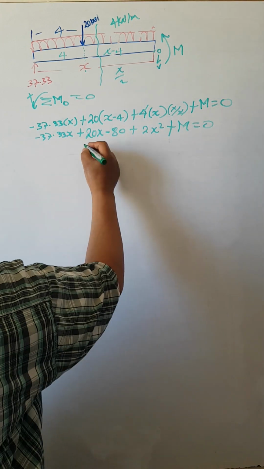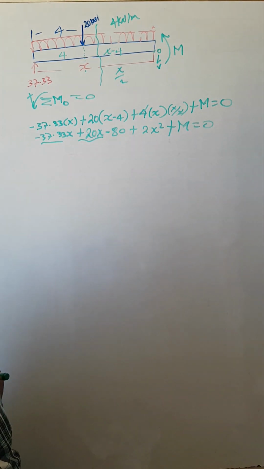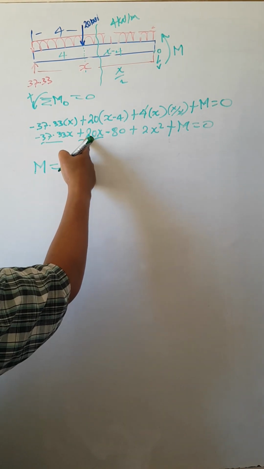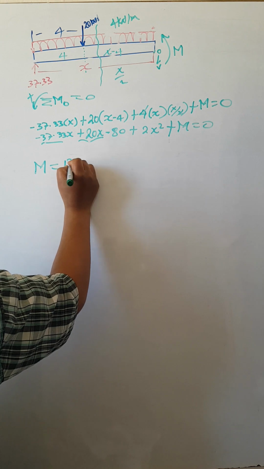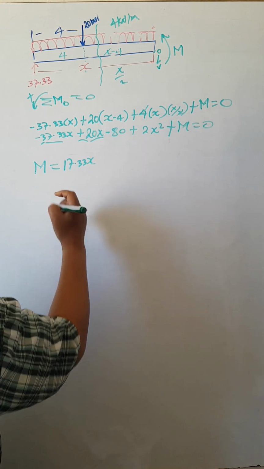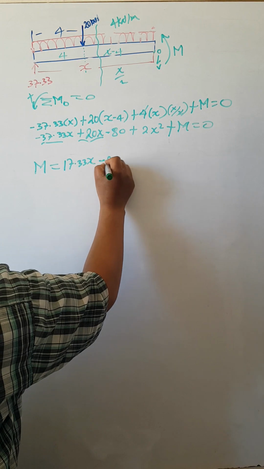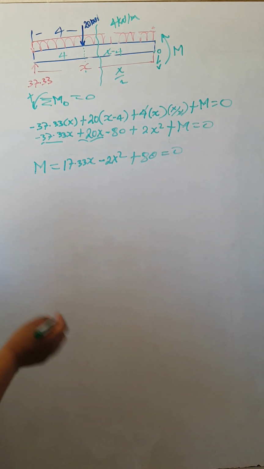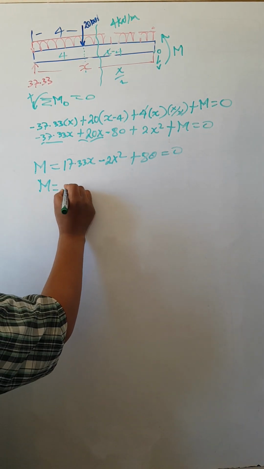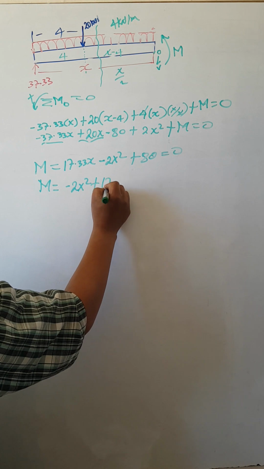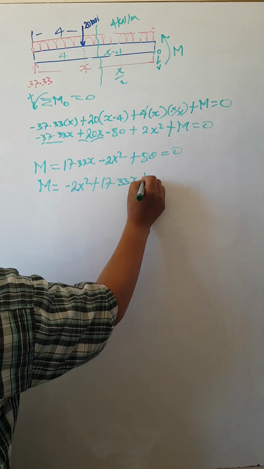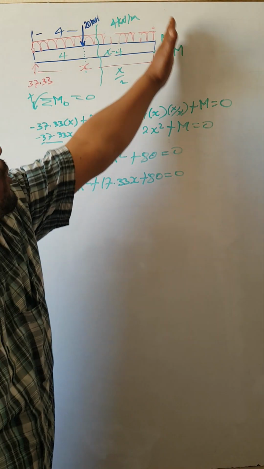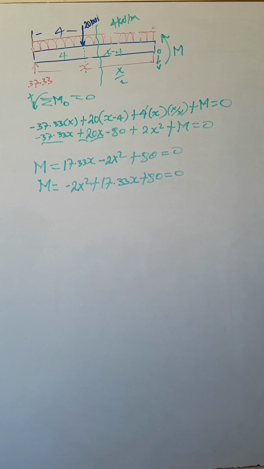Adding these up, this is going to be 17; then moment is equal to -17, moving to the other side, +17.33x, and -2x squared, +80 is equal to 0. In formal way, moment is equal to -2x squared plus 17.33x plus 80 is equal to 0. This is the moment at this point.